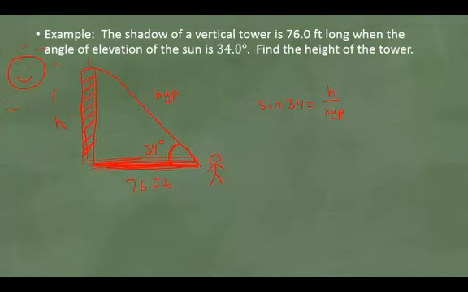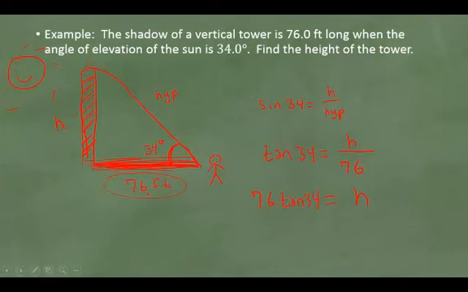But instead of trying to figure that out, let's use this 76 feet. So let's use tangent of 34, because tangent of 34 is the opposite over the adjacent. So it's h, the height, over the adjacent side, 76. That tells us that to find the height, all we have to do is multiply 76 feet times tangent of 34 degrees.